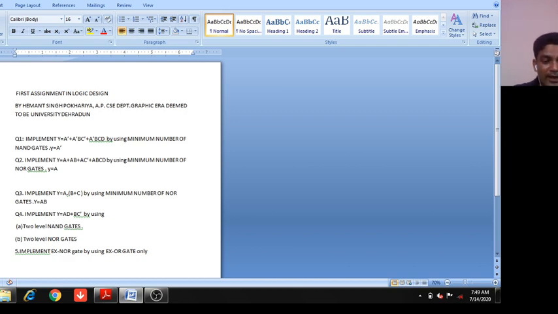Now apply the distributive theorem, AB plus CD. Now apply De Morgan's theorem. In this case only 3 gates are required. Now you have to remove this plus, AB plus CD double bar. So AB whole bar dot CD whole bar, whole complement. So only 3 gates are required.